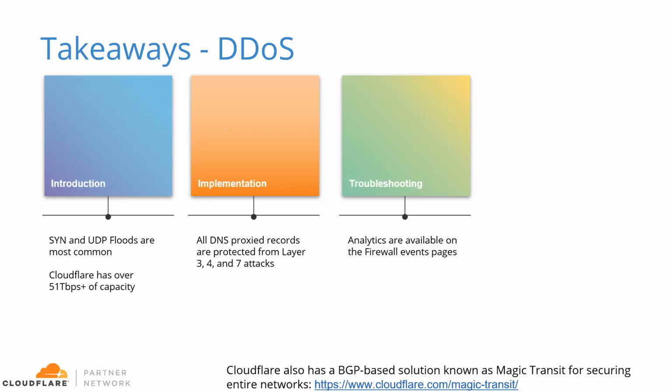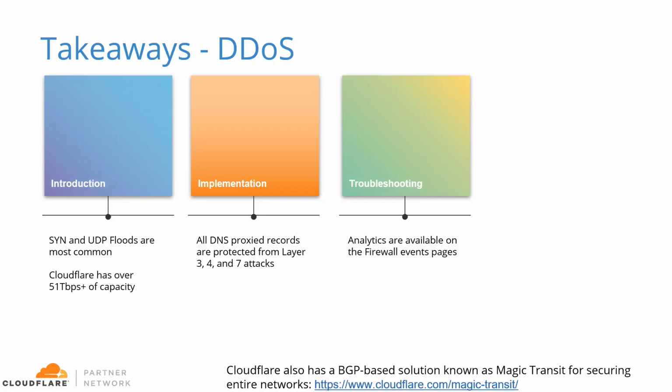But if your customer owns their own IP address, has their own IP prefix, and they do not have any protection for their IP prefix, of course, there are possibilities that the attacker attacks their network directly. They do not attack the domain name. So this is where Cloudflare Magic Transit comes into the picture, because Magic Transit will protect the customer IP prefix.